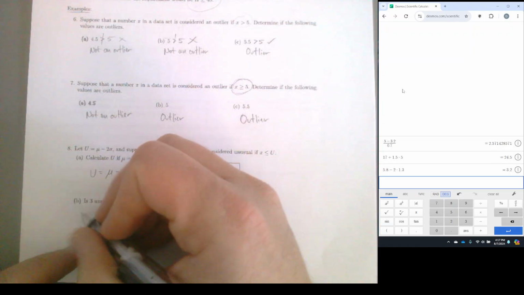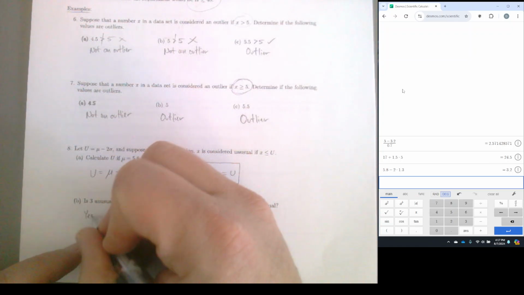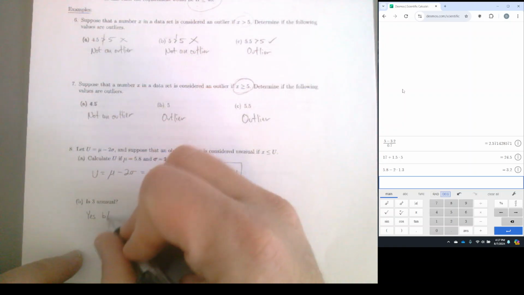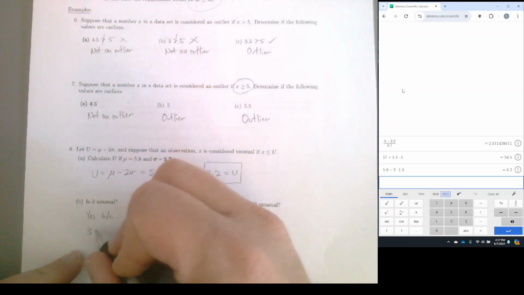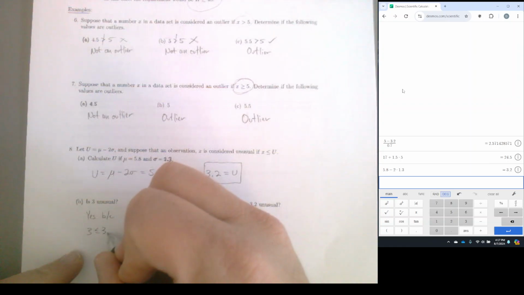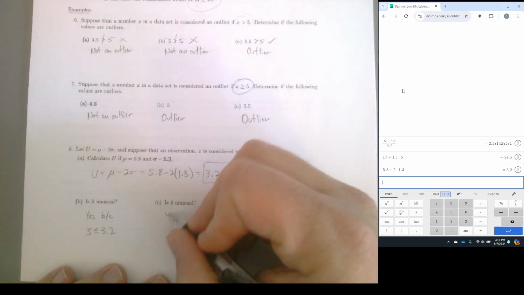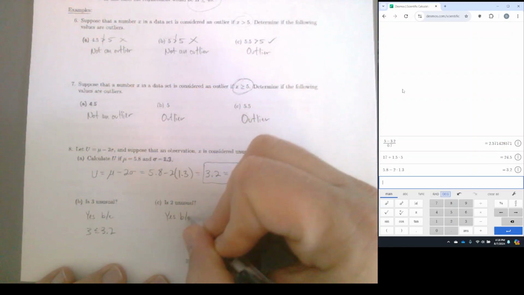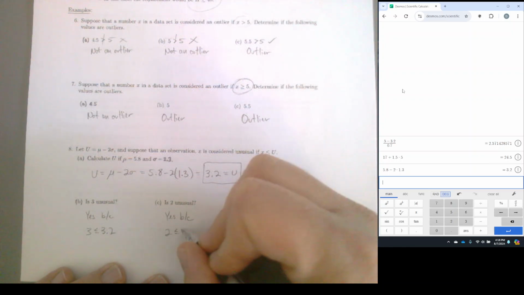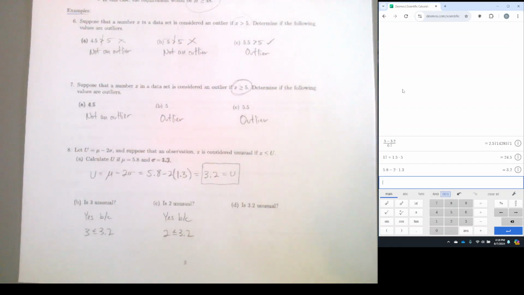And the answer is yes, because 3 is less than or equal to 3.2. Is 2 unusual? Again, the answer would be yes, because 2 is less than or equal to 3.2.